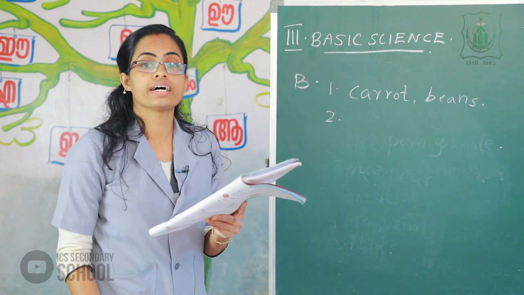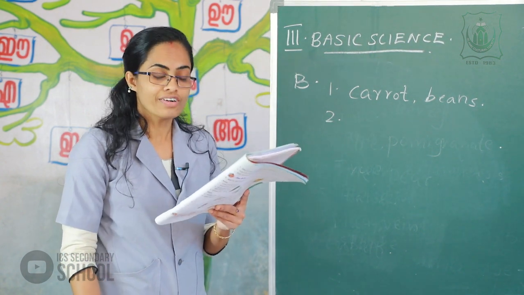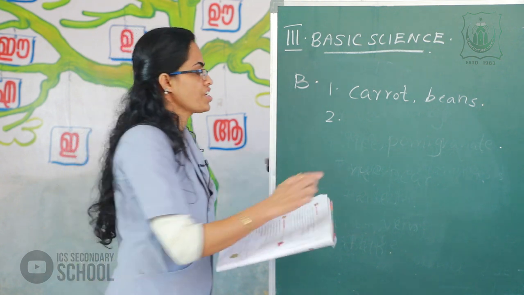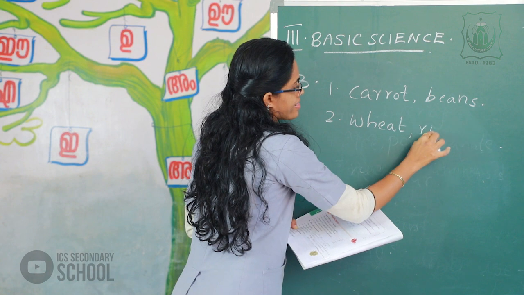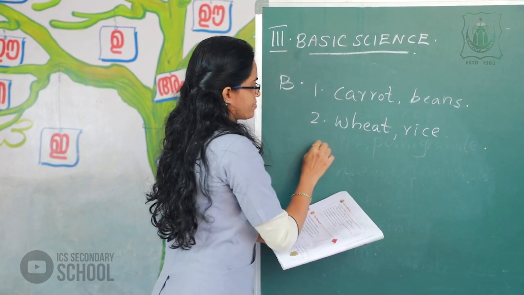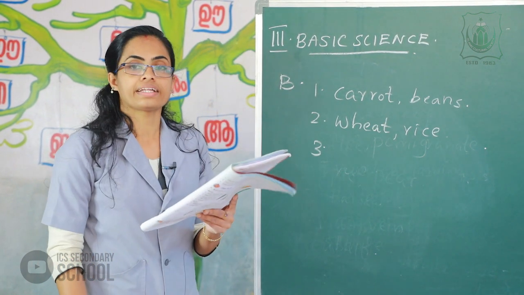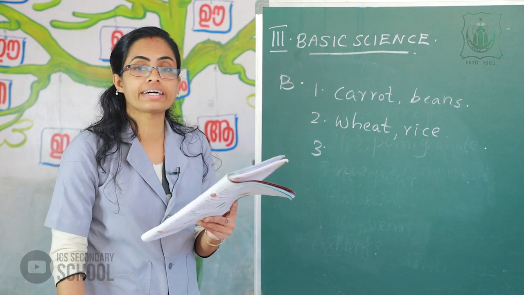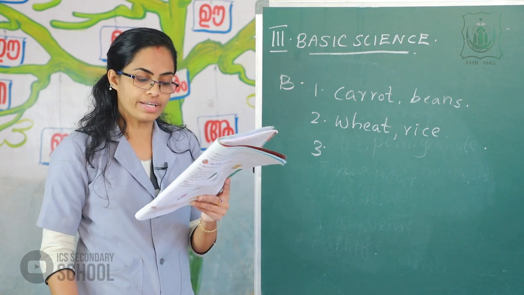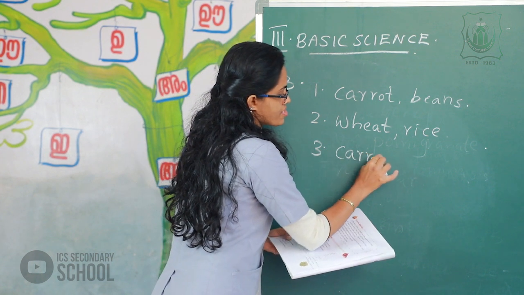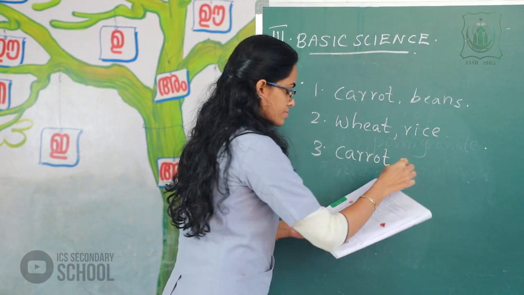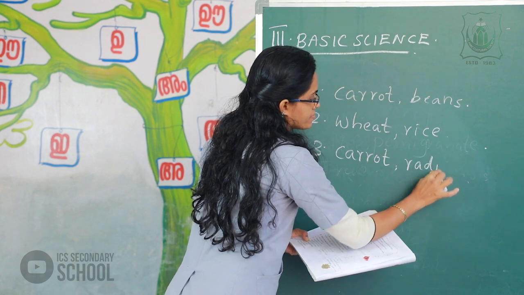The next one, have fibrous root: wheat, rice. Then the third one, store food in their roots: carrot, radish.